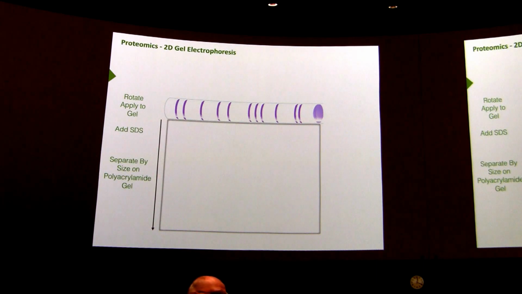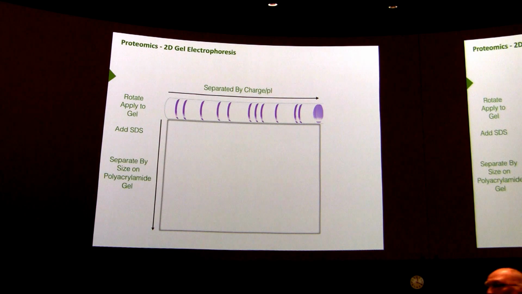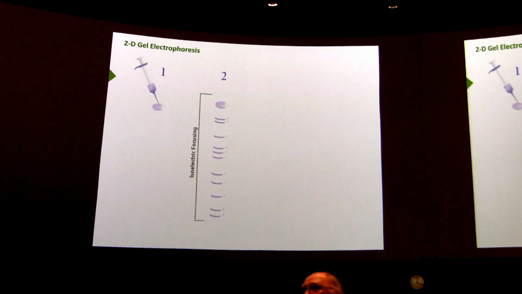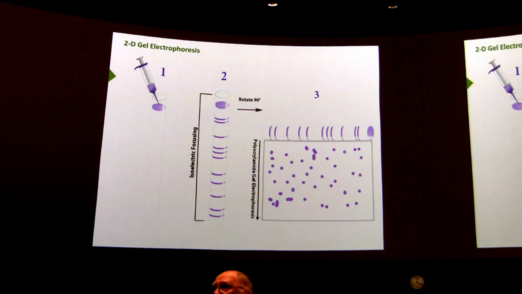And I do separation by polyacrylamide gel electrophoresis. This is the second dimension. Everybody follow? Separate by PI, separate by size. The top one is the first one, the down one is the second one. Okay? When I do this, I see something that looks like this.